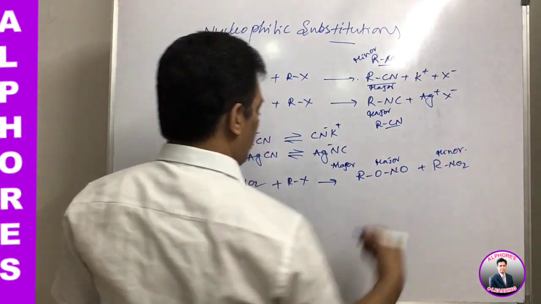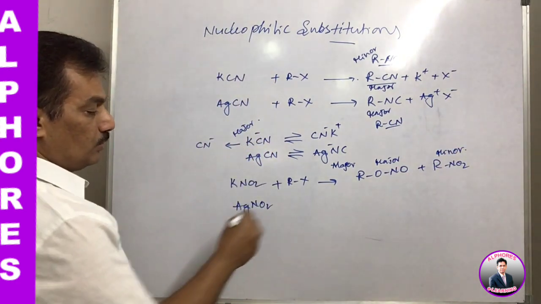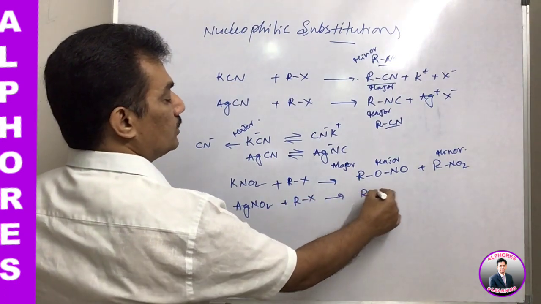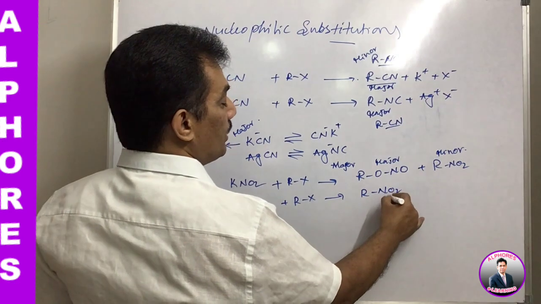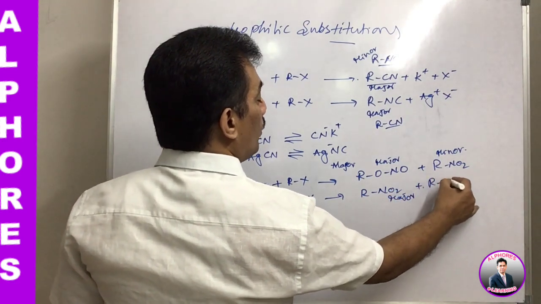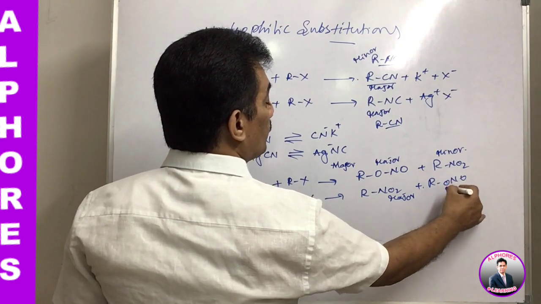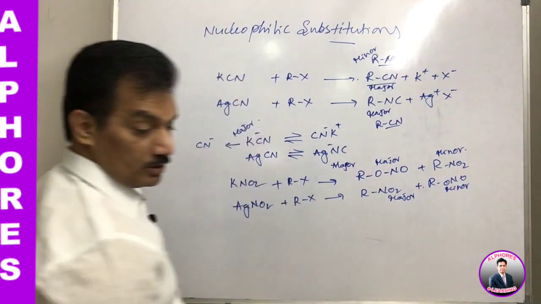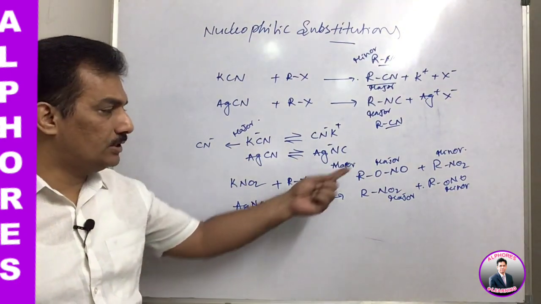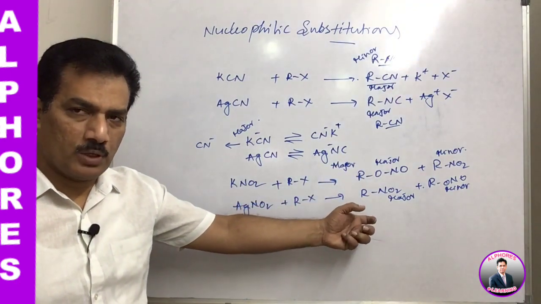And in case of AgNO2, when it reacts with RX, it gives RNO2 as the major product and RONO as the minor product. Now you can observe the difference in the contribution fraction in the formation of the product.